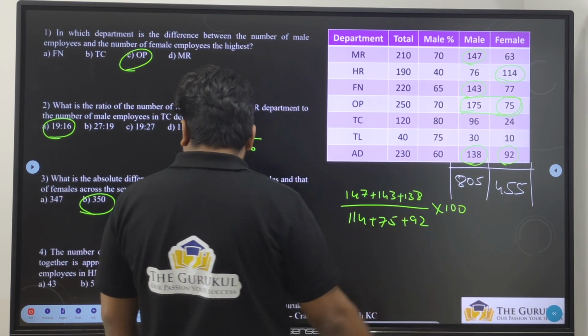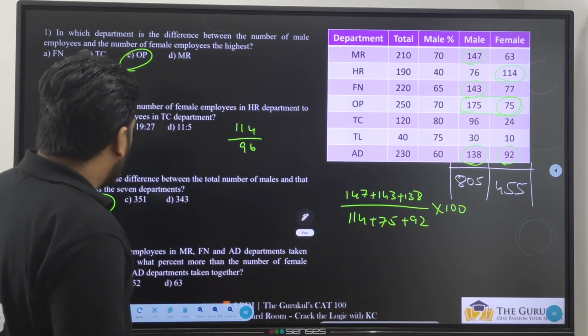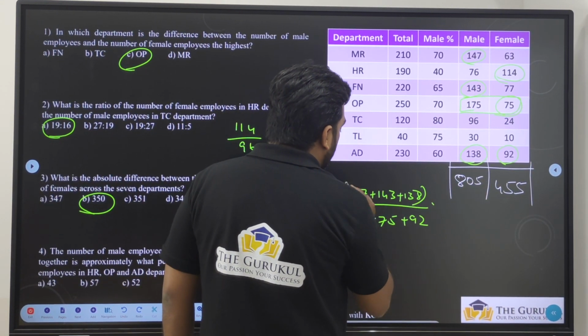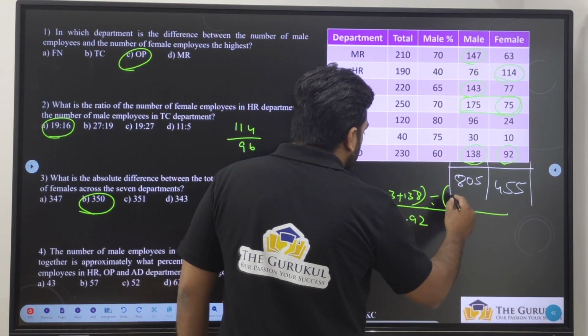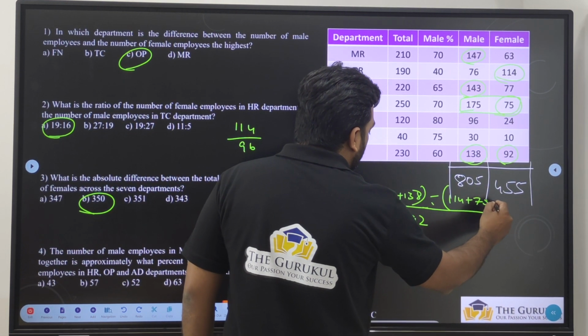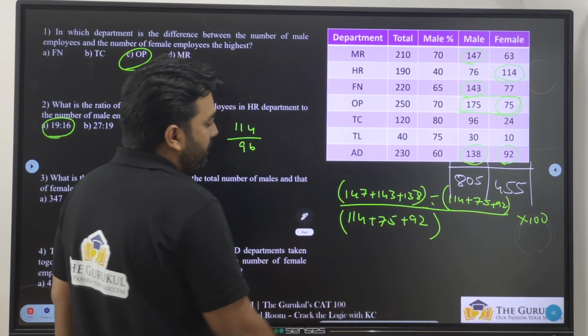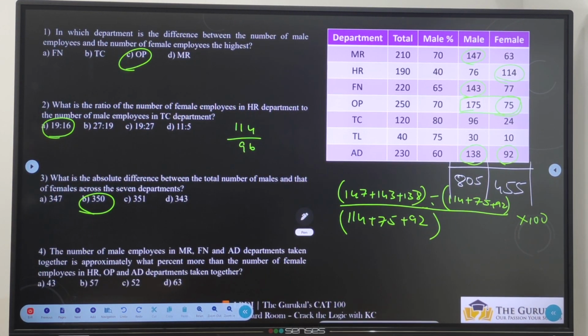What percentage more than the female employees? So this is not what they are asking. We need to find the difference first, so minus of 114 plus 75 plus 92. How much more? This percentage is what we need to calculate.